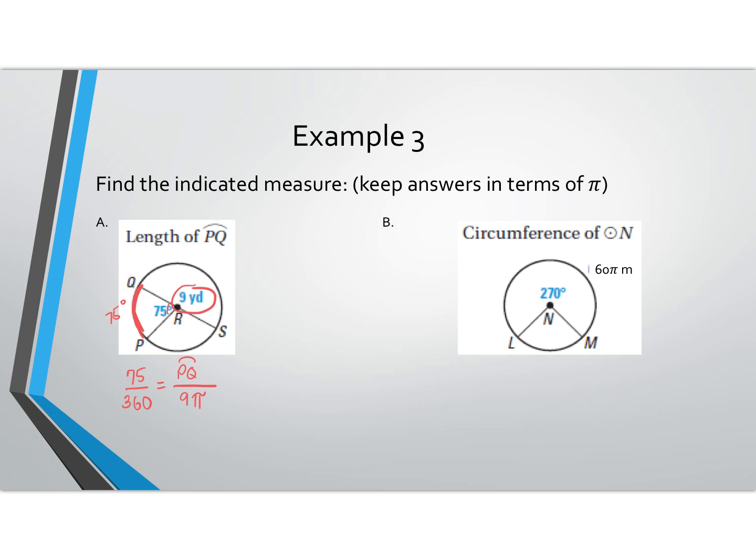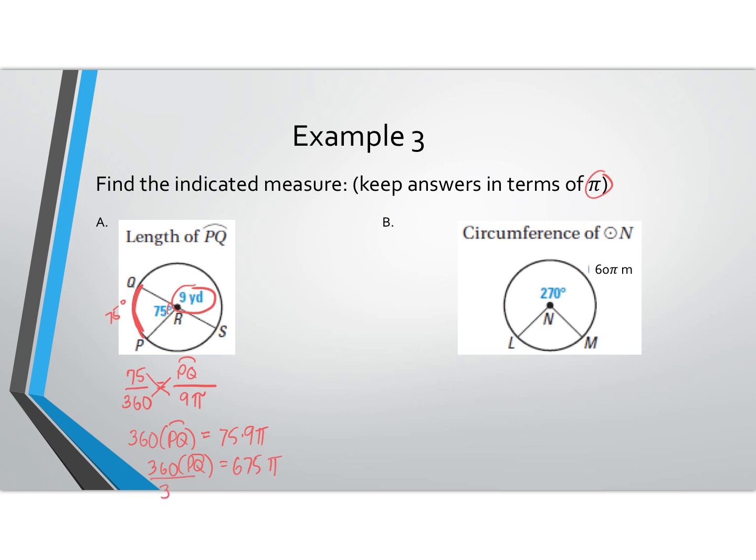It says keep your answers in terms of pi, so I don't have to multiply any further. I can figure out arc length PQ by doing cross products. I know that 360 times arc length PQ is going to equal 75 times 9 pi. When I do the math, I get 360 times PQ equals 675 pi.